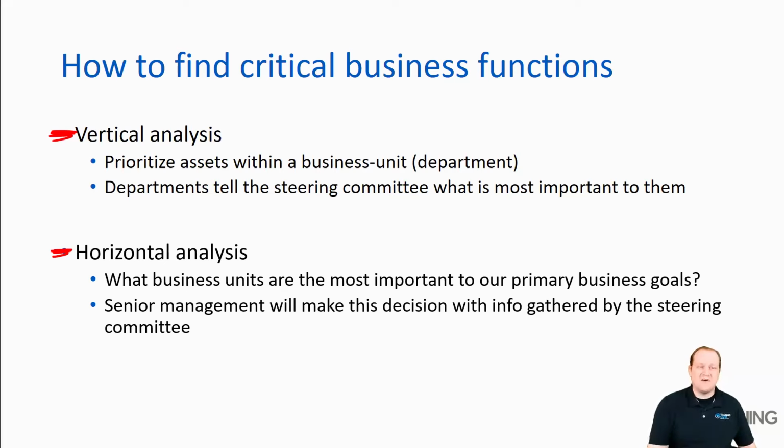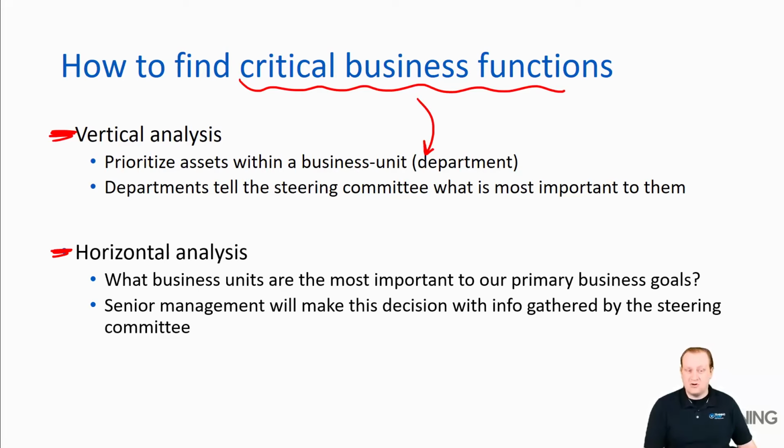So when I say identify critical business functions, I'm talking about things inside of a department. That's vertical analysis. When I'm talking about horizontal analysis, I'm actually pitting the departments against each other as well. All in all, something that needs to happen in the BIA, I'd like for everything to be sunshine and roses all the time, but sometimes we might have to decide that certain things have to go in the event of a disaster.